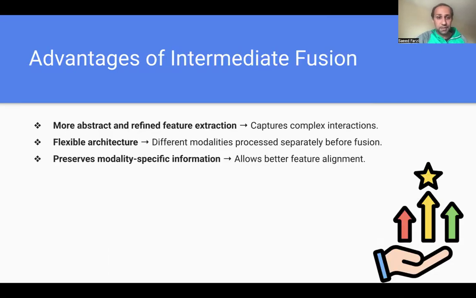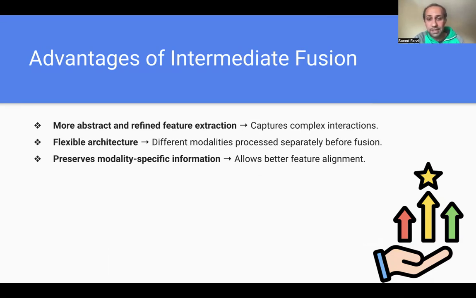Advantages of this technique. Let's dive deeper and discuss a bit more. More abstract and refined feature extraction captures complex interactions. This is an advantage of this model. Flexible architecture: different modalities are processed separately before fusion.